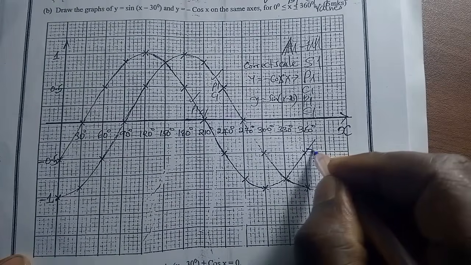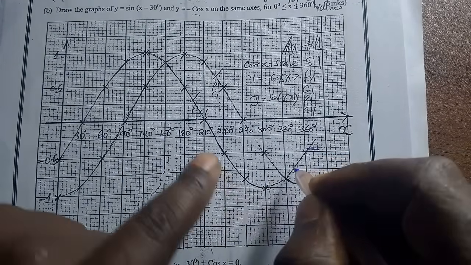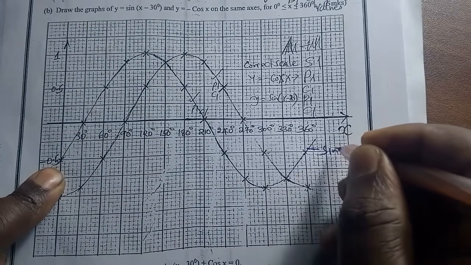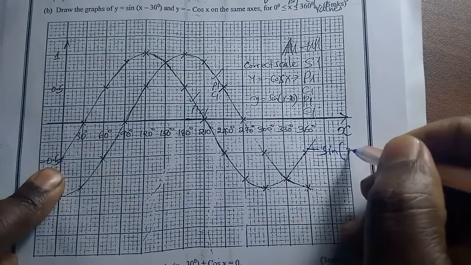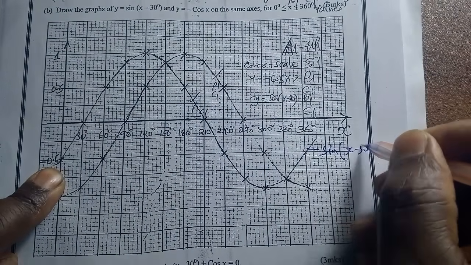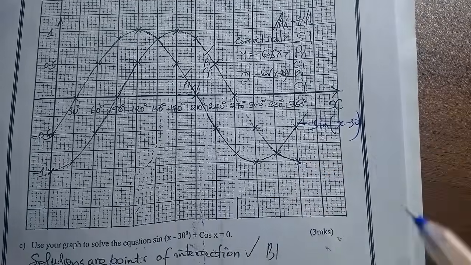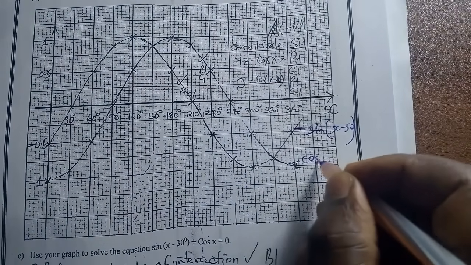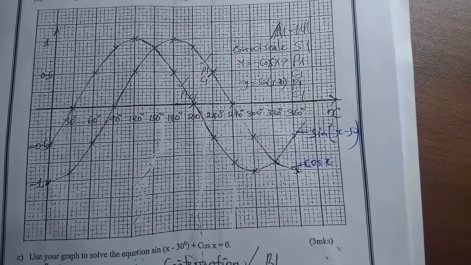Like this, you label and say, this one is for sine of x minus 30. This graph here is for negative cos x. That is labeling. Remember to label that for you to score all of the 5 marks.